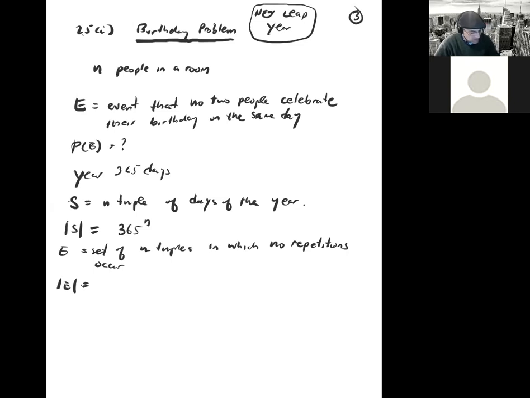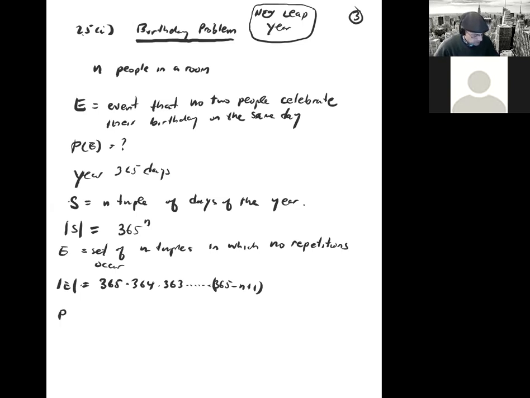Well, you go to the first person in the room, he or she has a birthday, so 365 choices. You go to the second person, if you want the second person not to have the same birthday as the first person, there are only 364 choices for that person's birthday. And you keep going, 363, etc., until you've exhausted the entire room, and you'll end up with 365 minus n plus 1, it turns out. You can count, this is a product of n different numbers.